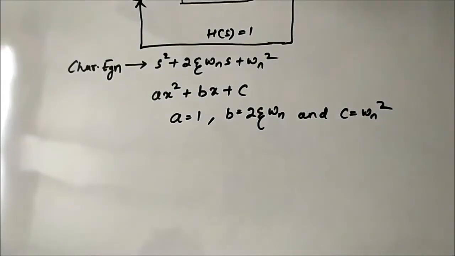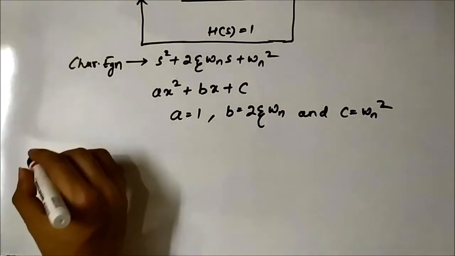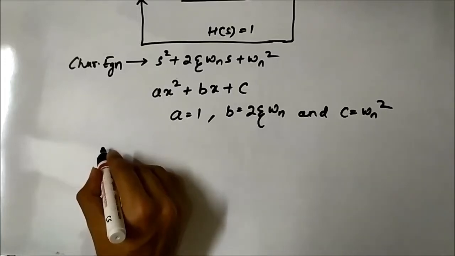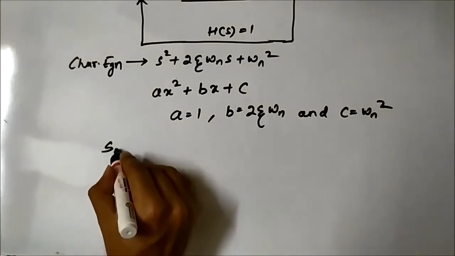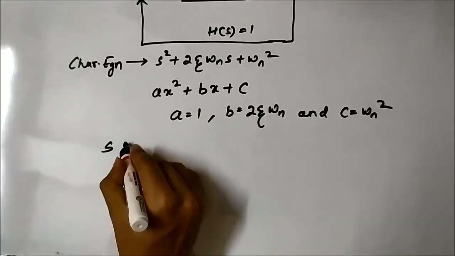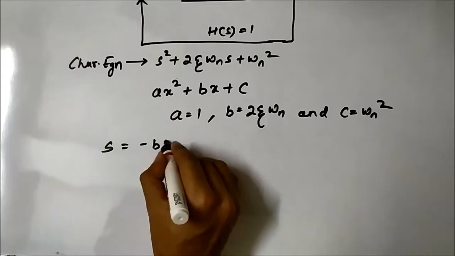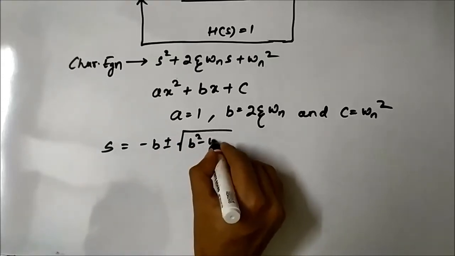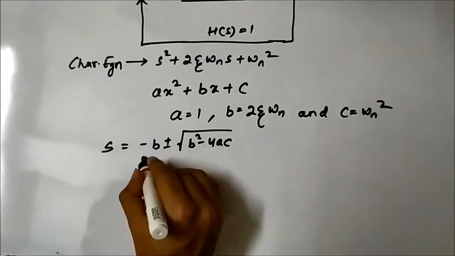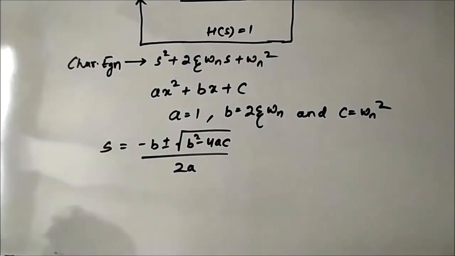Okay, so if we try to find the roots of this characteristic equation, the roots will be s is equal to minus b plus minus root of b square minus 4ac, by 2a. Okay, this is the formula.